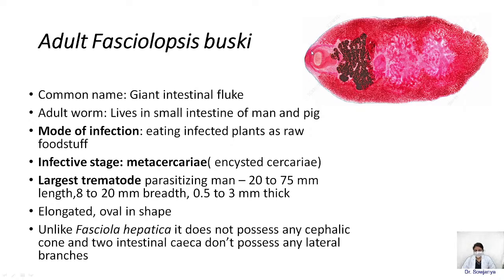It is not completely conical, and you won't be able to appreciate the shoulder type of structure here. This lives in the small intestine of man and pig. The mode of infection is by eating infected plants as raw foodstuff. The infective stage is metacercaria, which is encysted cercaria.